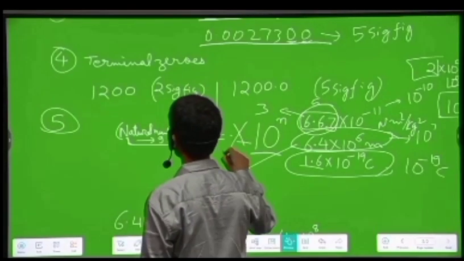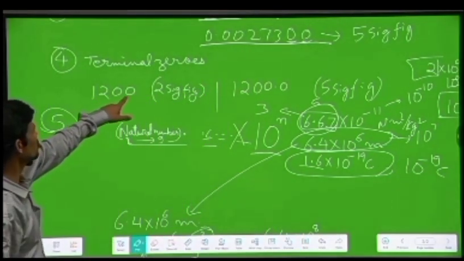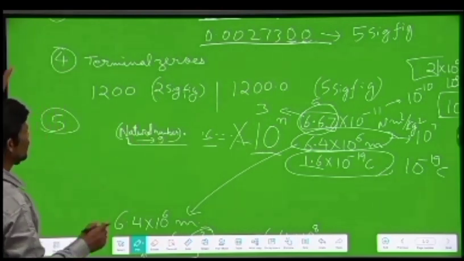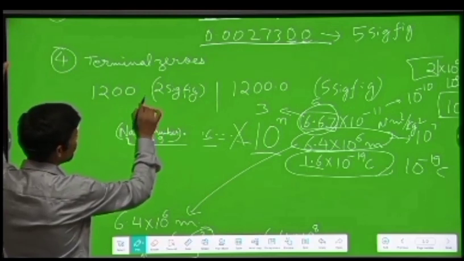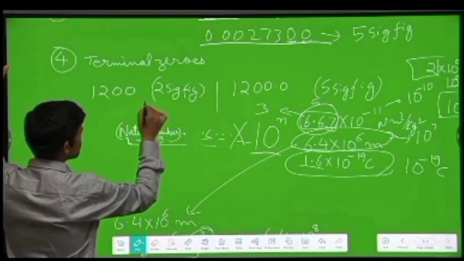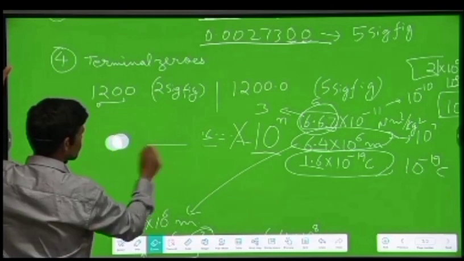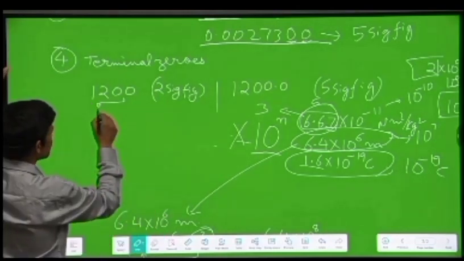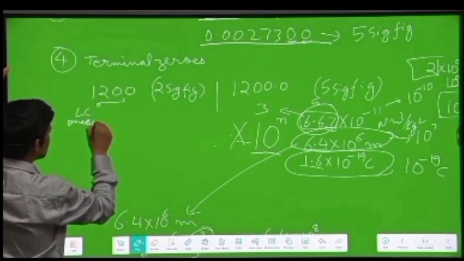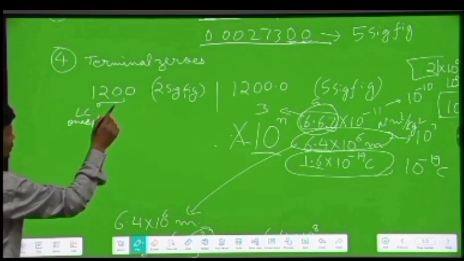Okay, I'm coming back because I missed this information here. This is 1.00. There were 2 significant figures. For terminal 0, I'm coming back because I missed that. But if the information of its least count is given, and if its least count, let us suppose, lies in ones place. So if it lies in ones place, then we are so sure.